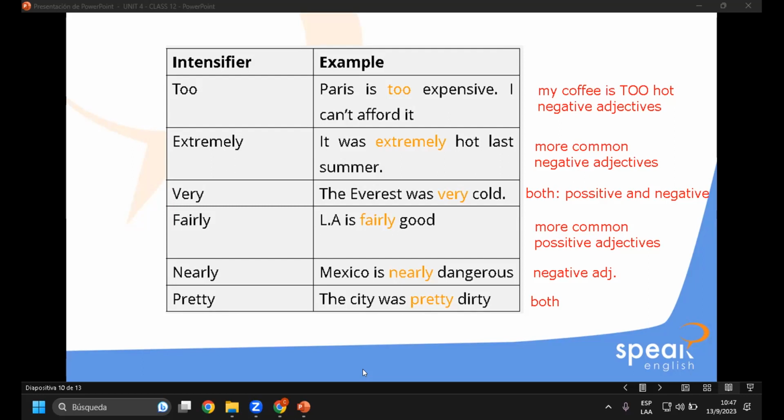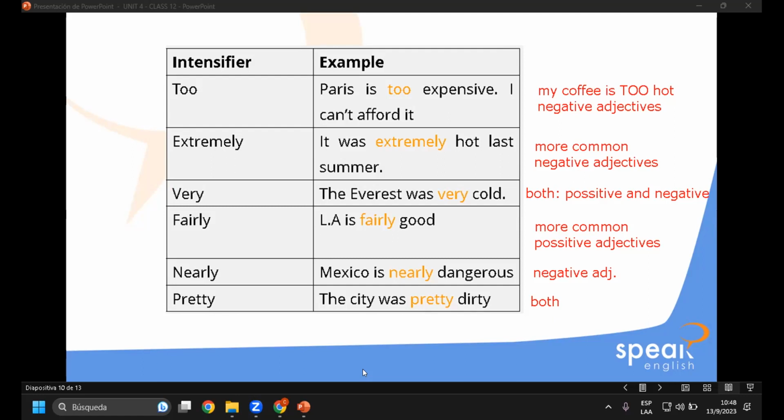Teacher, I have a question. Yes, go ahead. Can I use rather as an intensifier? Of course. Listen, guys, we have more intensifiers. These ones are not the only ones. There is rather, there is another one that is quite. We have more. These are some of the most common ones, okay?